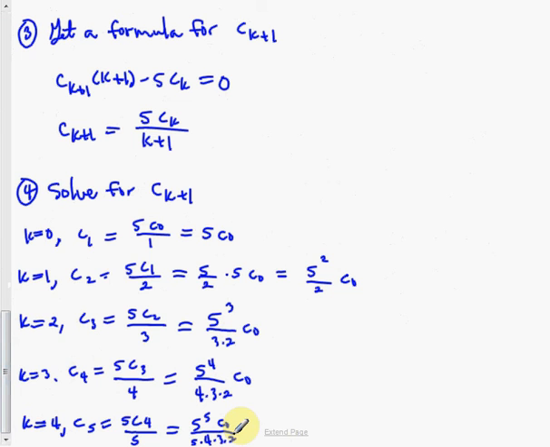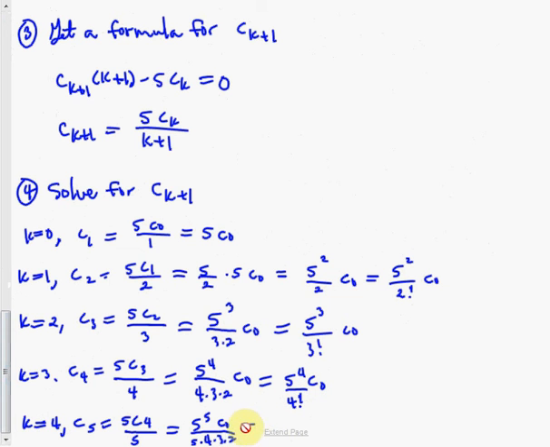So let's see. So this guy right here is 5 to the 2nd over 2 factorial times c naught. This is 5 to the 3rd over 3 factorial times c naught. This is 5 to the 4th times c naught all over 4 factorial.